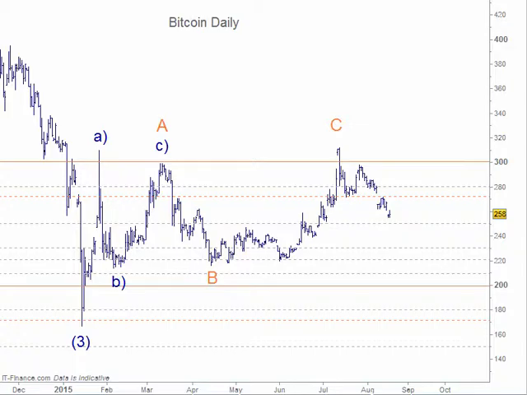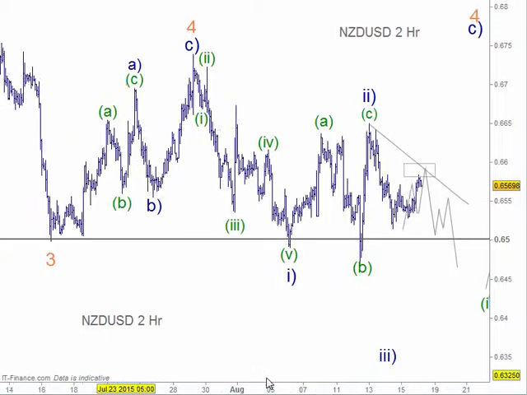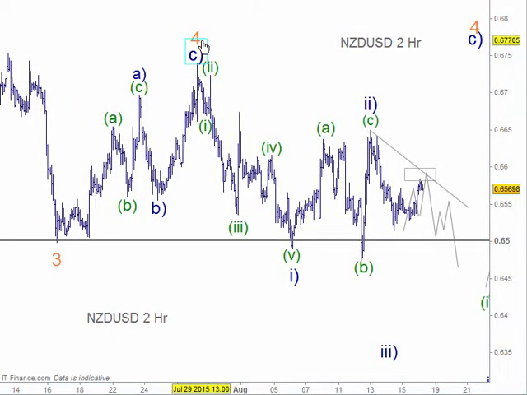Right, okay, one more chart, and that's going to be the New Zealand US dollar that we've been looking at. As I've mentioned before, these wave 4s can get a bit tricky, and we need to be careful when we're playing around with them.